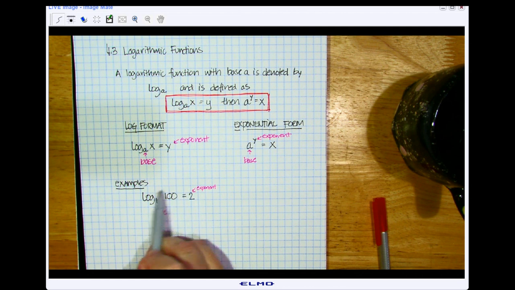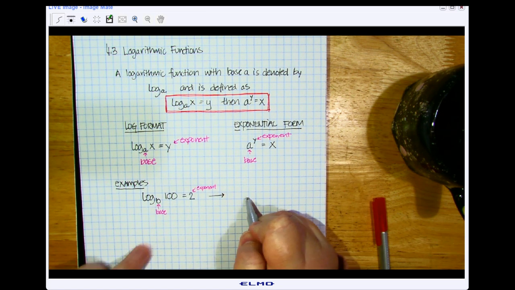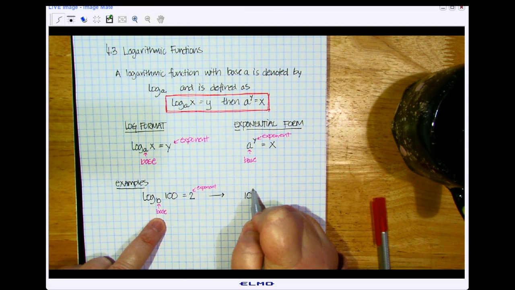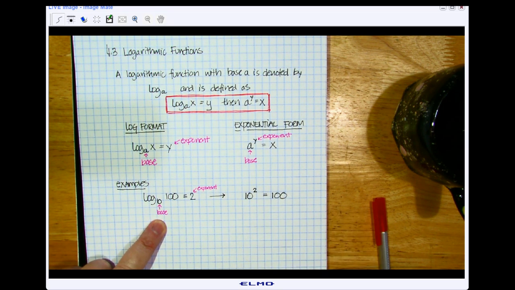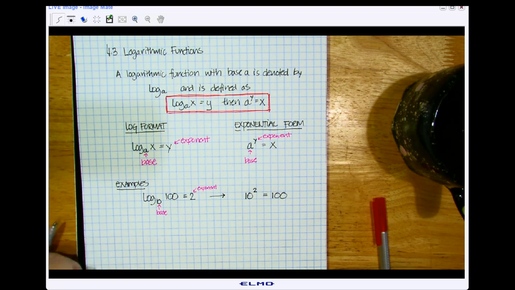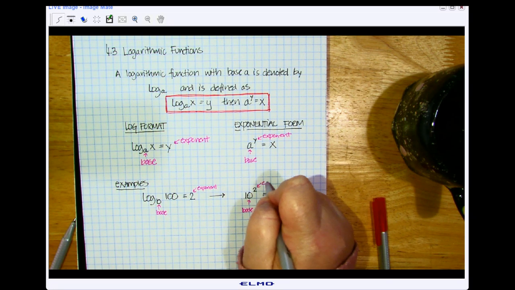So in log format, we say log base 10 of 100 is 2. Because in exponential form, this is 10 to the second equals 100. The base, the exponent.